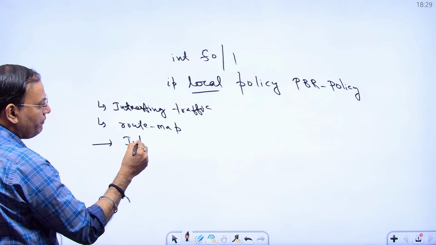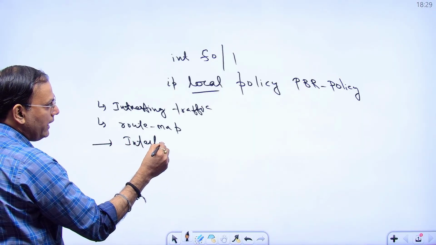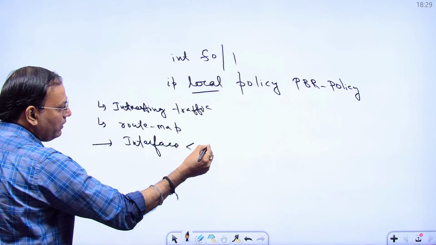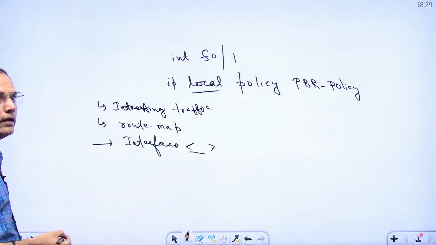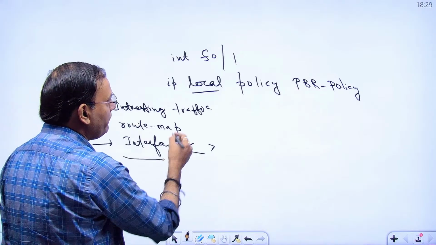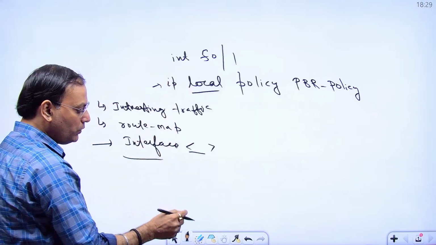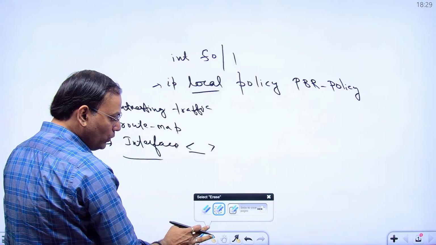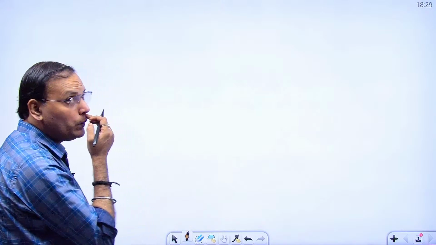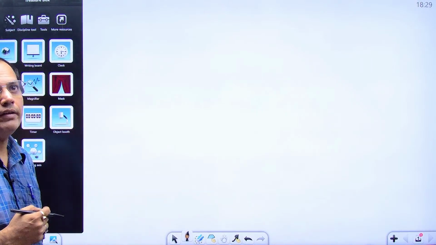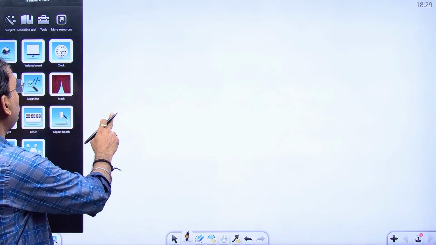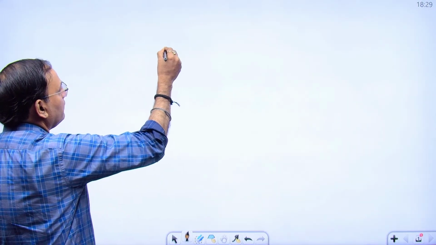Now, which interface? For that, I have to draw the diagram one more time to show you on which interface I have to apply this command.